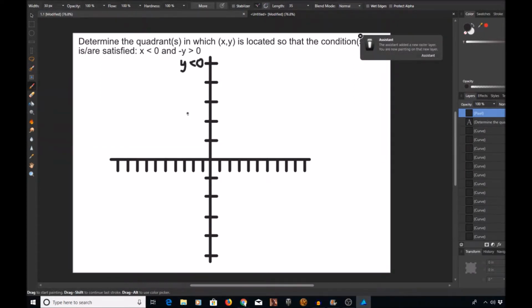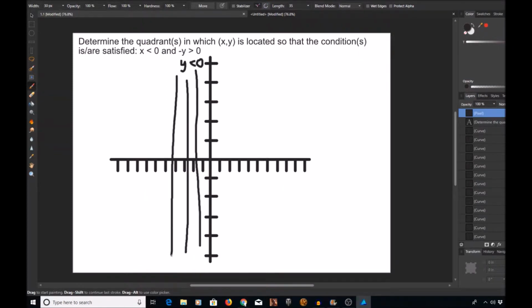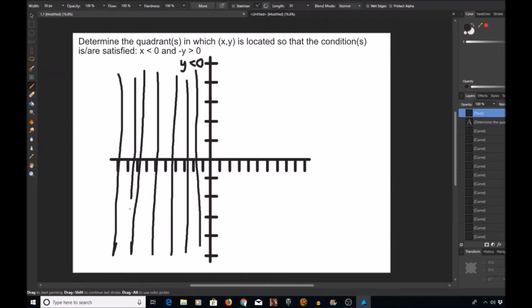So now we know x is less than 0, which we know is on this side of the graph. X is less than 0, and y is less than 0 as well, which is on this side of the graph right over here.